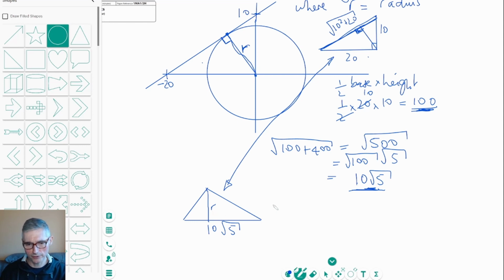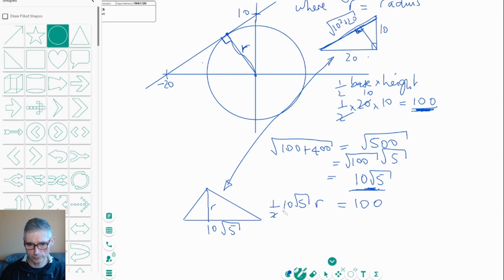So the area of this would again be half times the base, which is 10 root 5, times r. And I'm going to make that equal to what we found as the area when it was the other way up, which is 100.